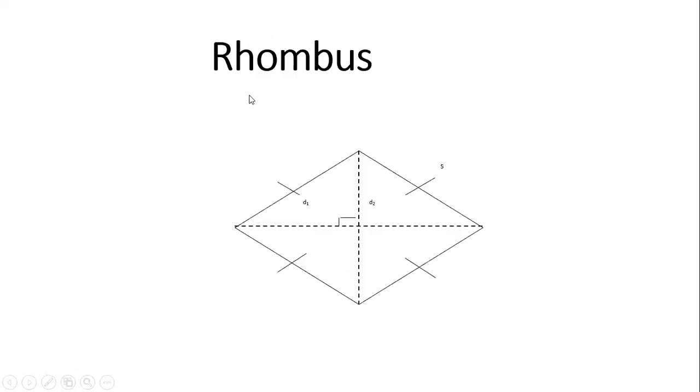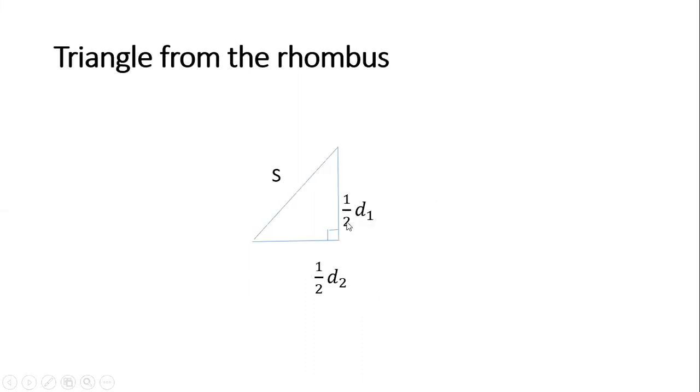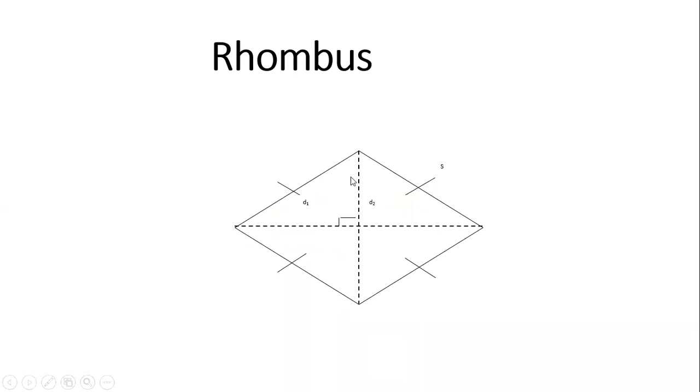The next shape we are considering is our rhombus. For a rhombus, just like your square, all the sides are equal. We have the diagonals, and these diagonals form a 90 degree angle where they intersect. With that, we can come out with a right angle triangle, which gives us half diagonal 1, half diagonal 2, and the side.